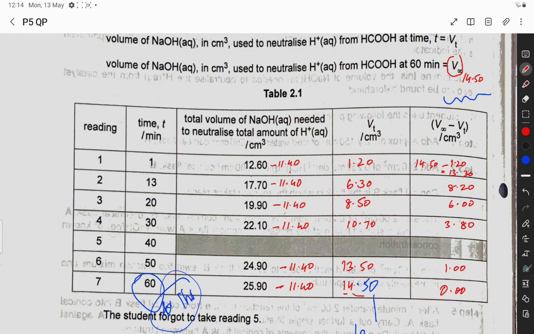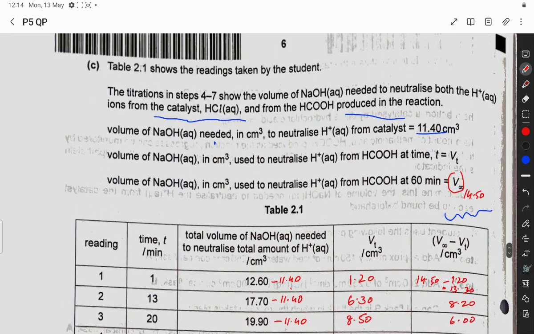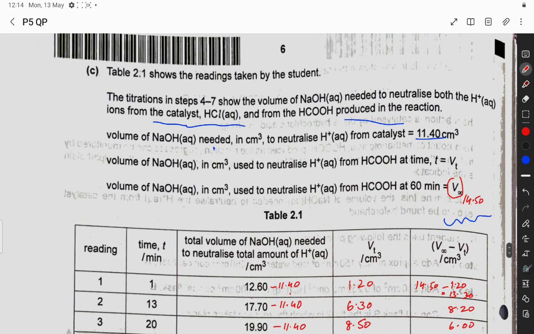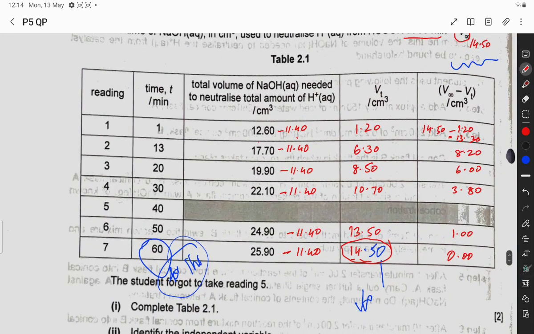So V infinite minus Vt. So V infinite is the 14.50, because it asks here the volume of sodium hydroxide in cm³ used to neutralize H+ from HCOOH at 60 minutes is V infinite. So this is the V infinite volume.